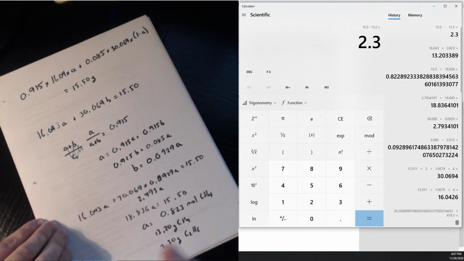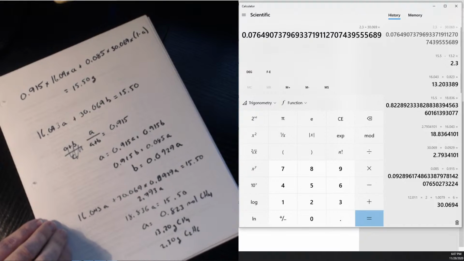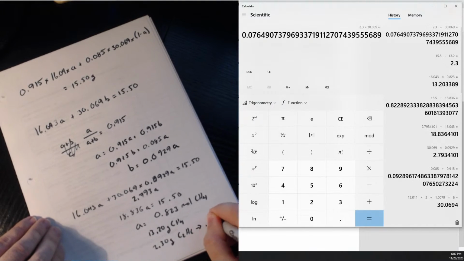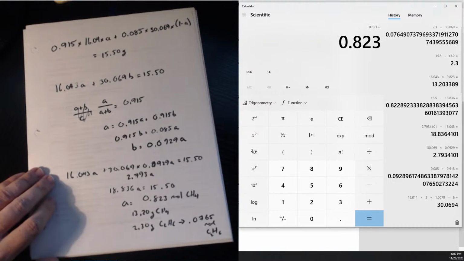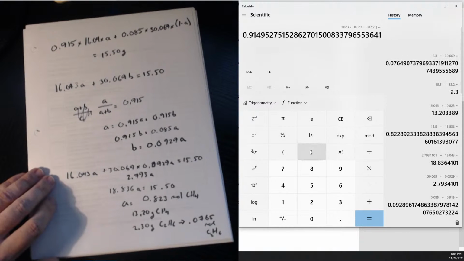I'm going to go back and double check that those numbers work. 2.3 divided by 30.069 is 0.0765 moles of ethane. 0.823 divided by 0.823 plus 0.0765 is 0.915. Okay, I did it.